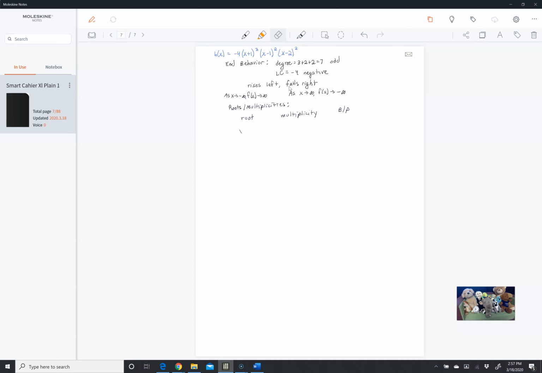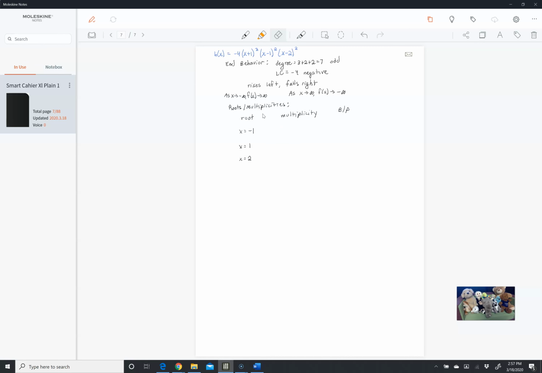So our roots are x equals -1, x equals +1, and x equals +2. So again, that comes from up here. X plus 1 equals 0 gives us x equals -1. X minus 1 equals 0 gives us x equals +1. And x minus 2 equals 0 gives us x equals +2.